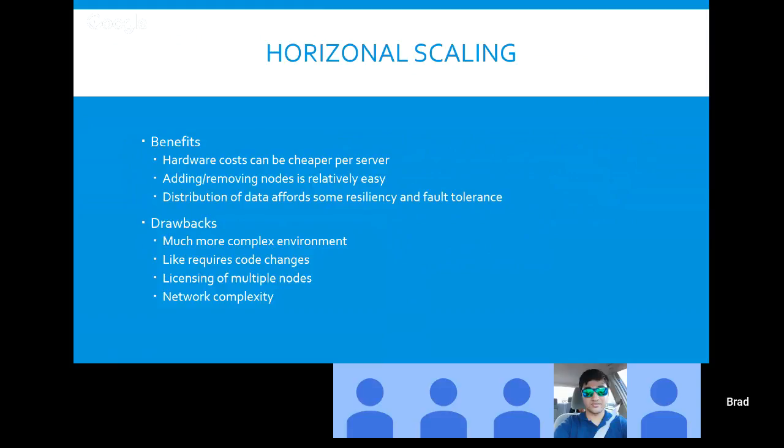You do have to consider licensing of multiple nodes. Each would have to be licensed individually. And then there's some network complexity just to eliminate any inconsistencies in data, especially if the data is distributed across larger distances.